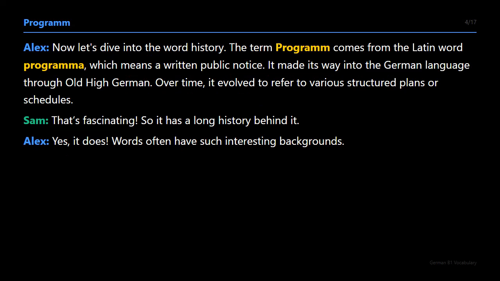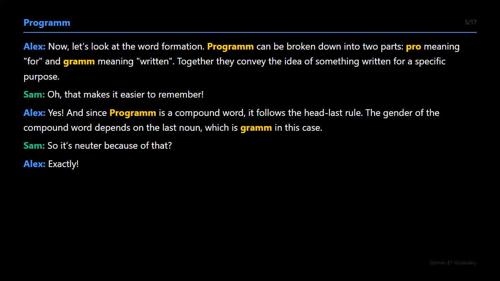Now, let's look at the word formation. Programm can be broken down into two parts, Pro, meaning for, and Gramm, meaning written. Together they convey the idea of something written for a specific purpose. Oh, that makes it easier to remember.